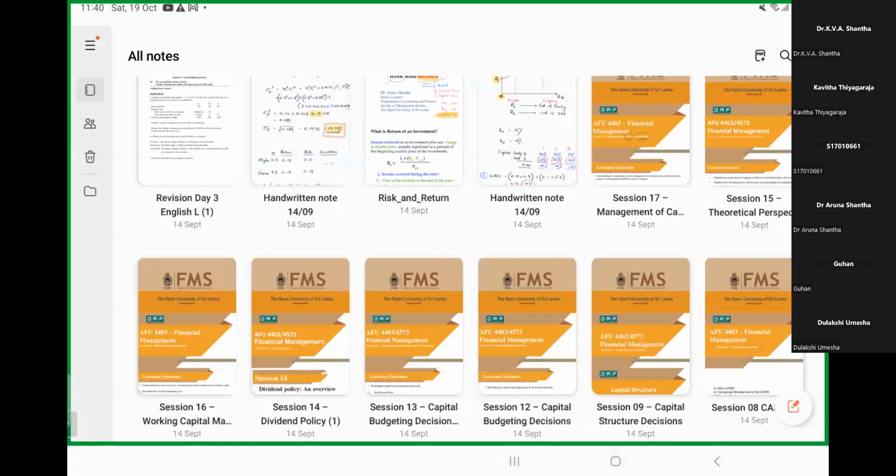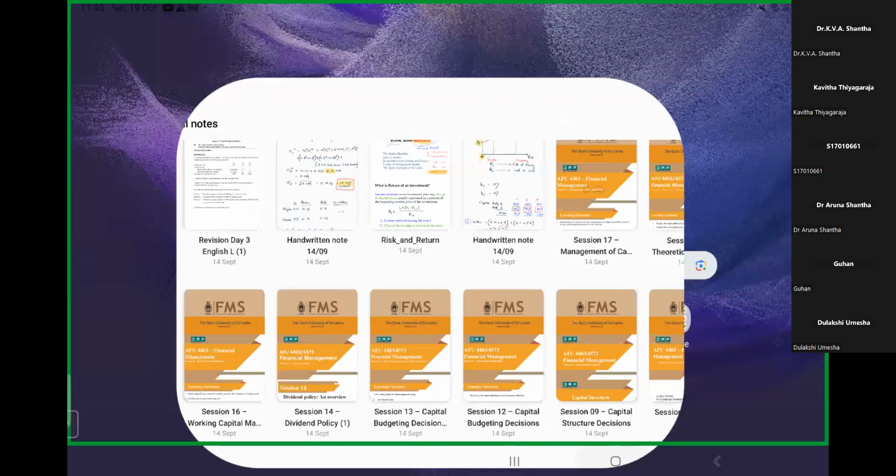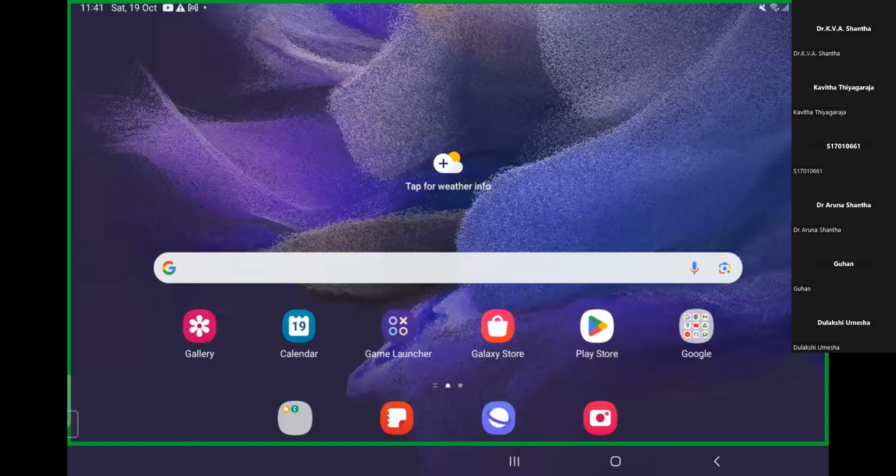Sir, in the LMS, they uploaded only 10 sessions. Yes, I will ask the coordinator. You mean the PowerPoint slides? Yes, sir. They should upload the rest of the 7 sessions. Until then, you go through the course material.